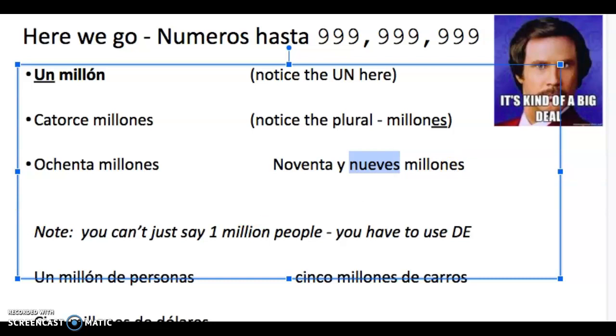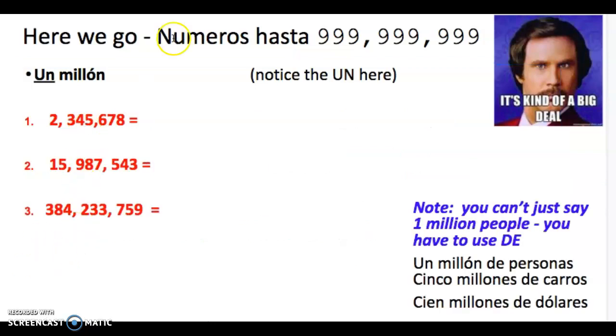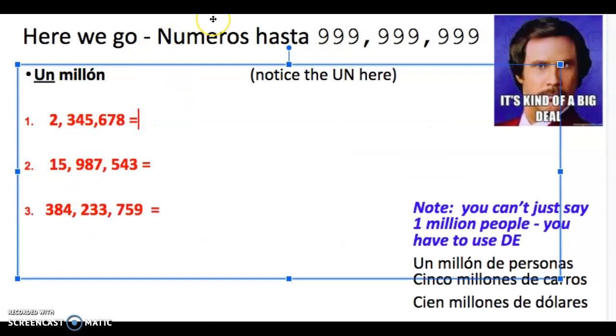So let's try. When I go to tackle this number, you're going to do the next two on your own. I just write it like I say it. So I see 2, so I write dos. I see I'm in the millions, so I write millones. No commas, just write that like that. Now I'm at 300, so I write the word 300. And then I have 45, so I write 45.